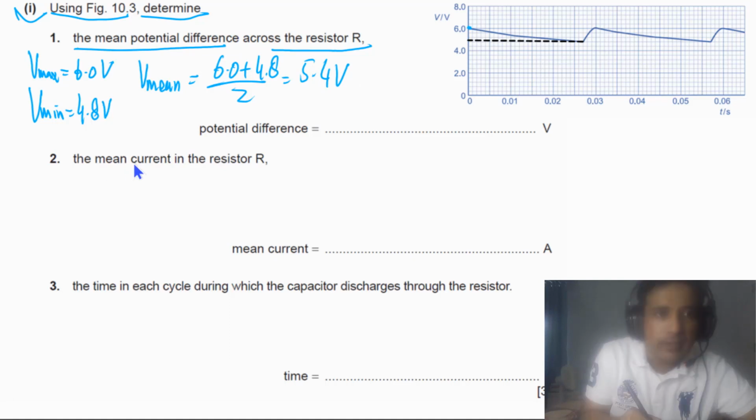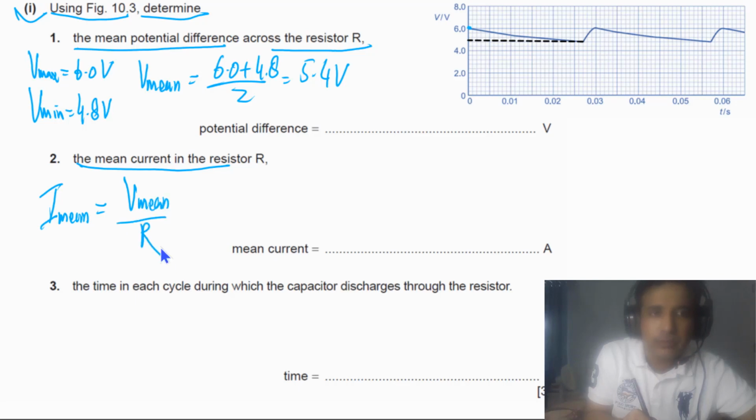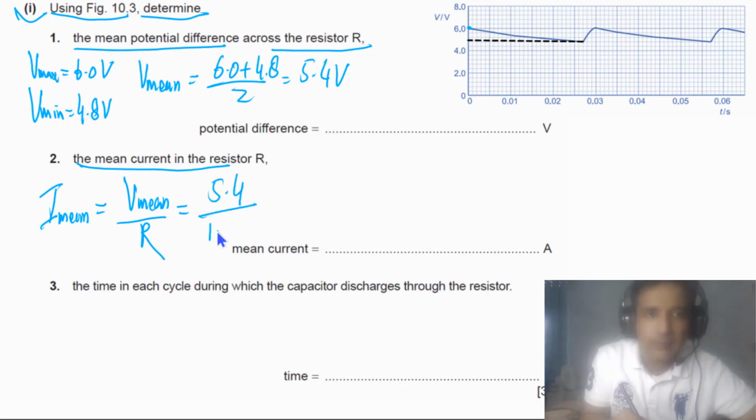For the next question, we need to calculate the mean current in the resistor, I mean. So I mean is equal to V mean divided by the resistance of the resistor. V mean is equal to 5.4 and the resistance of the resistor is 1.5 kilo ohms, meaning 1.5 times 10 to the 3.